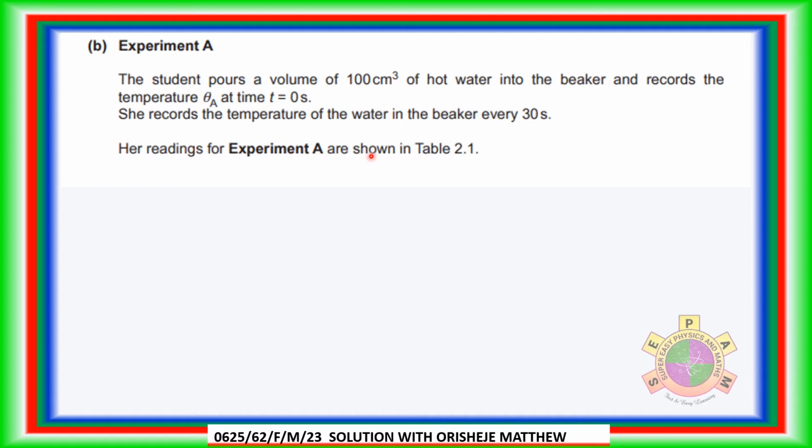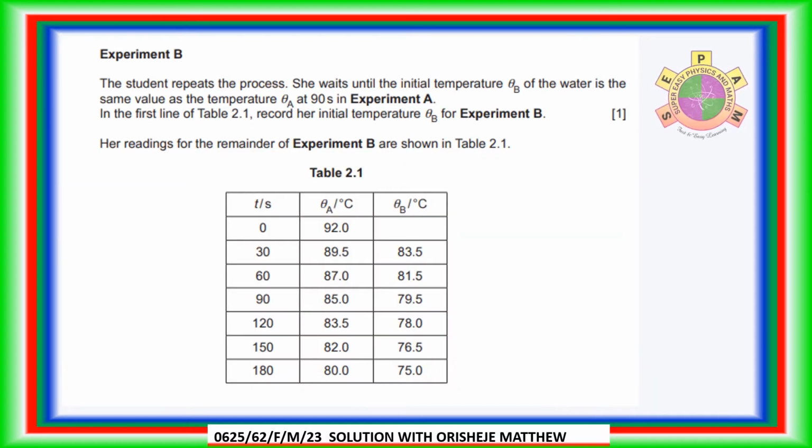Her readings for experiment A are shown in the table. Then the student repeats the process. She waits until the initial temperature theta B of the water is the same as that of theta A at 90 seconds for experiment A. In the first line, record her initial reading.